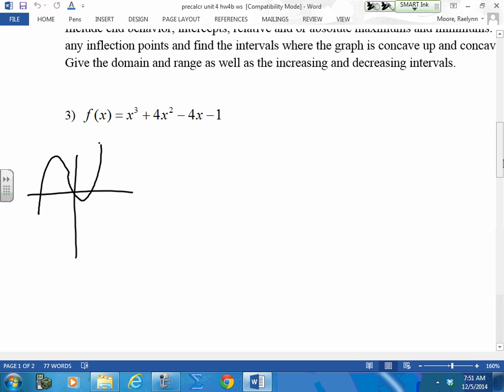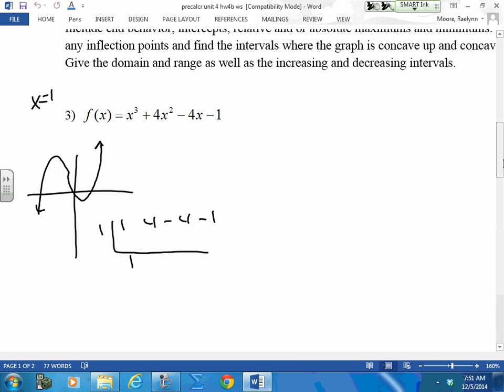It doesn't exactly cross at the 0, 0, but I know it dips down here. Start and find at least one root. So how many roots can you actually see when you look in your calculator on your table? 1. And that was what? 1. When x is 1. So start with 1. Pull out all your coefficients.